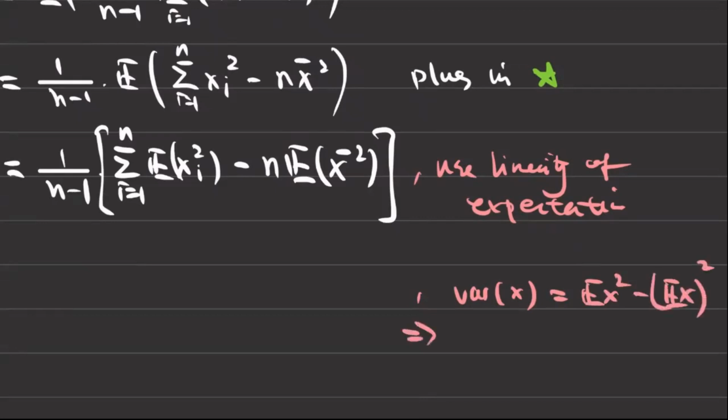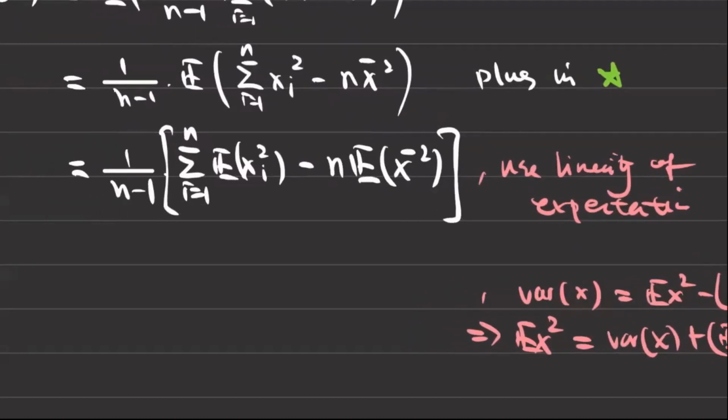Which also practically means that expectation of x squared equals what? You move this term to the left-hand side, right? That becomes variance of x plus expectation of x, in parentheses, squared. So these two are useful identities for us to carry on the derivation.